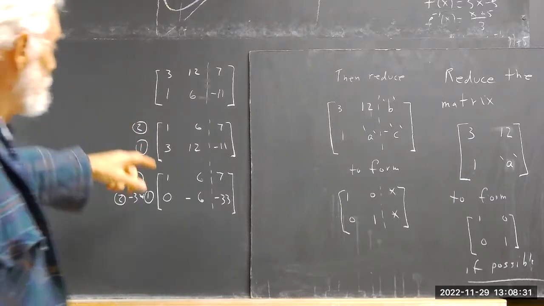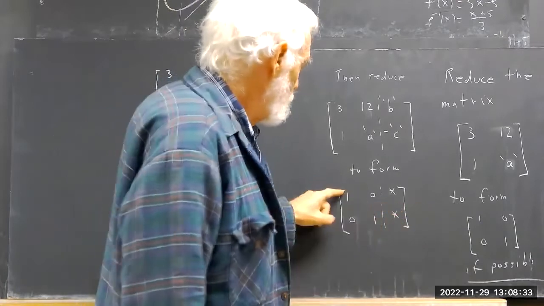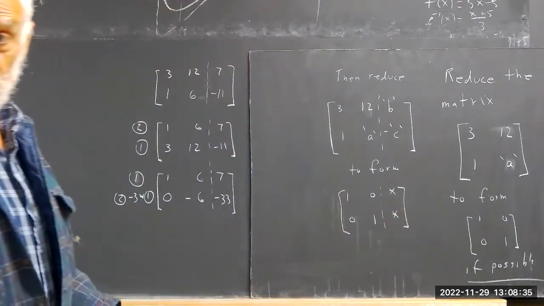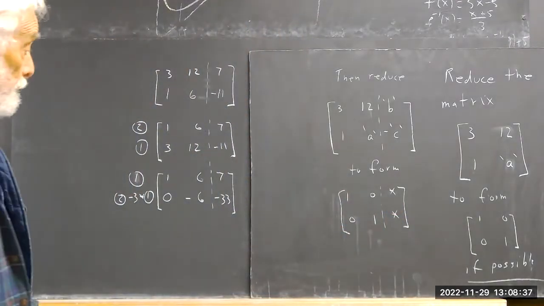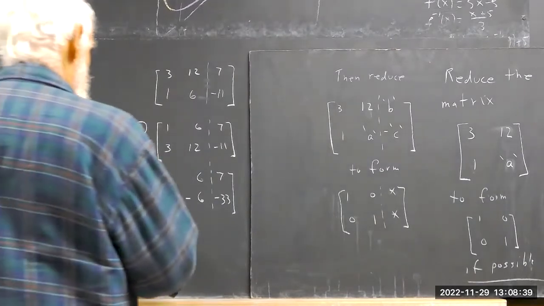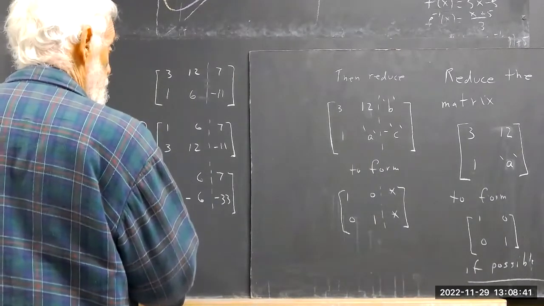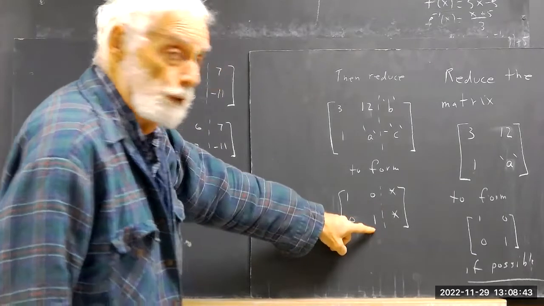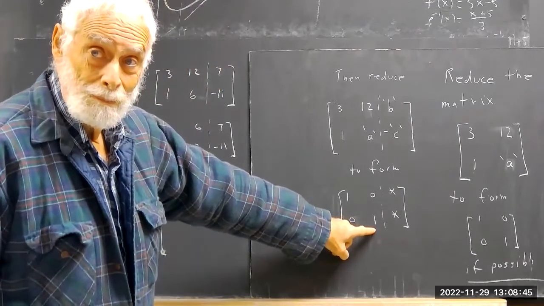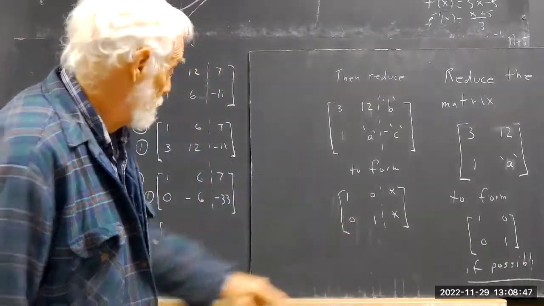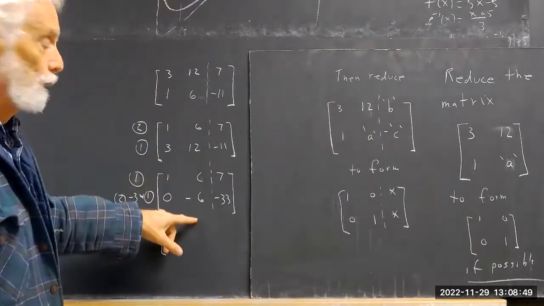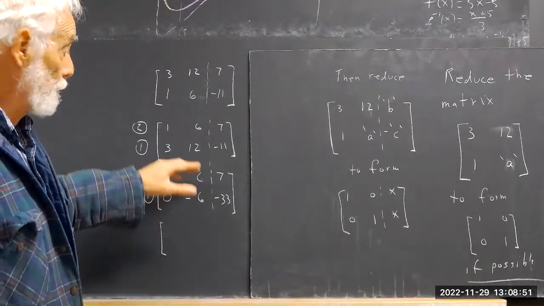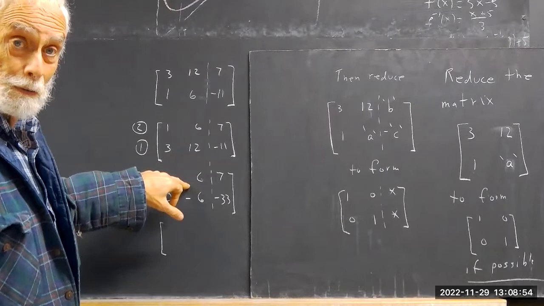Okay, so I've made progress. I've got my 1 here and my 0 here. Well, now, what do I need? I need a 1 here. Now, I could actually do a little bit of a shortcut since these numbers match up so conveniently. I could add this row to this row and get a 0 here, right?